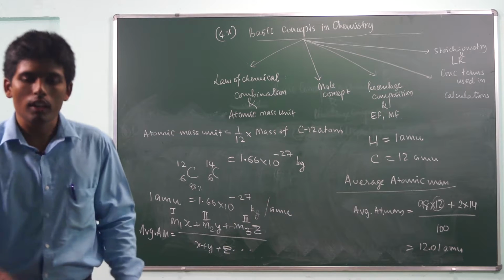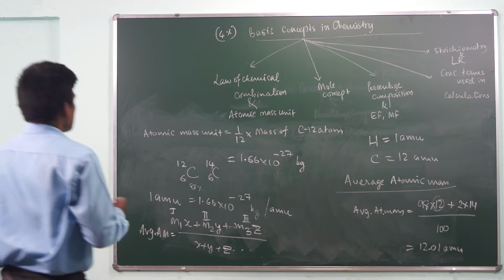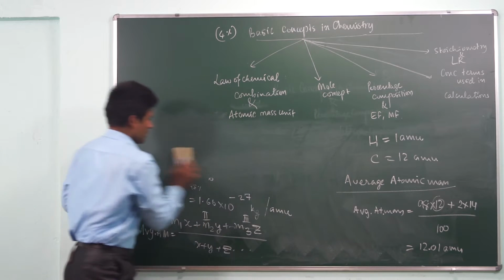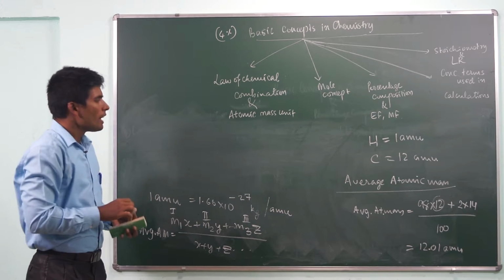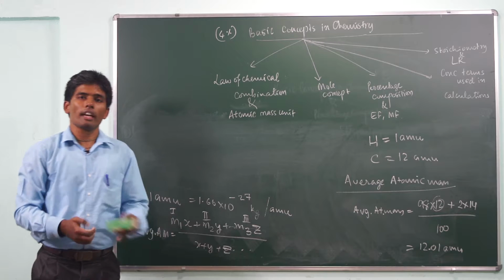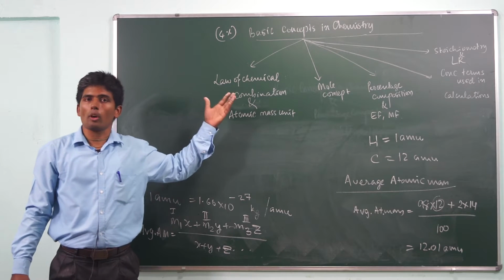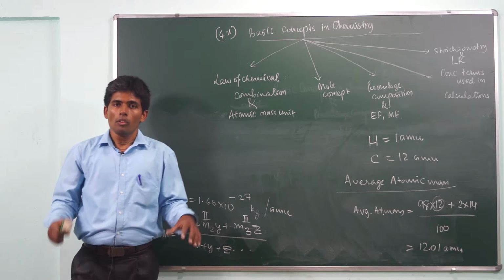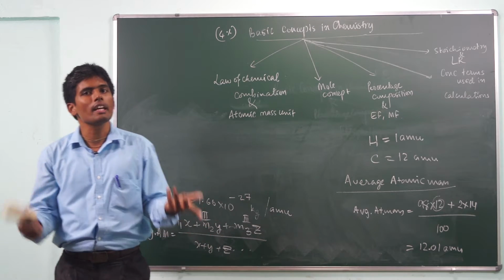Next we are going ahead with molecular mass. Like I have explained in the previous topic, when we were discussing the law of chemical combination, we have so many elements and so many compounds.